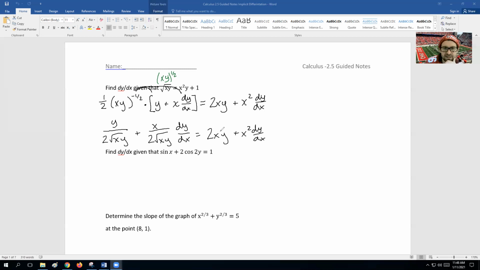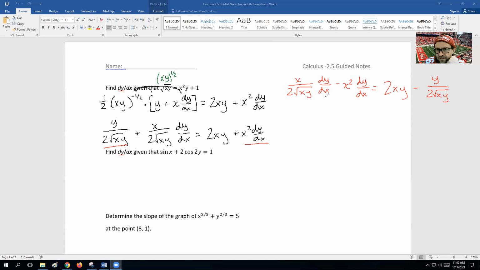Okay, so let's move anything that has a dy dx over to this side, and we'll take this one and move it over there. So we would get x over 2 radical xy dy dx minus x squared, we'll move this x squared dy dx over, is equal to 2xy here, and then we'll minus the y over 2 radical xy.